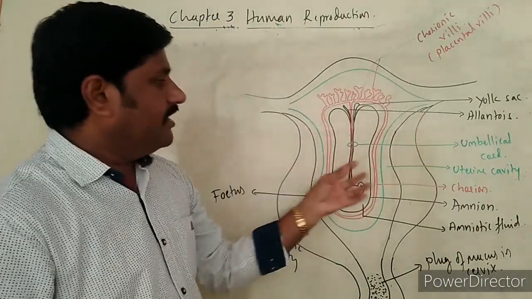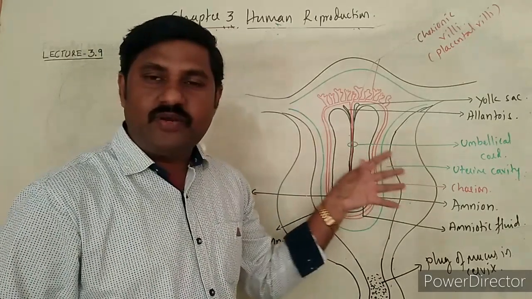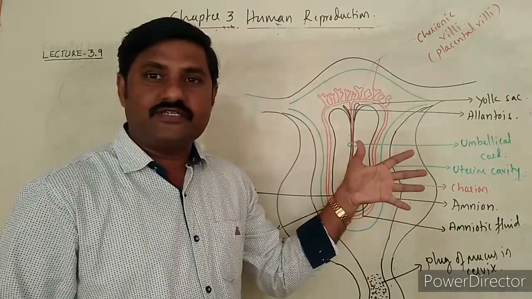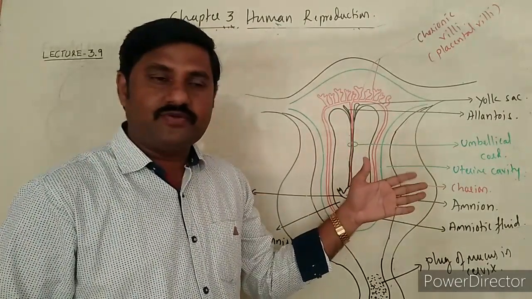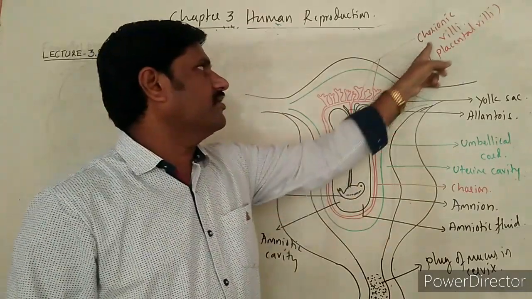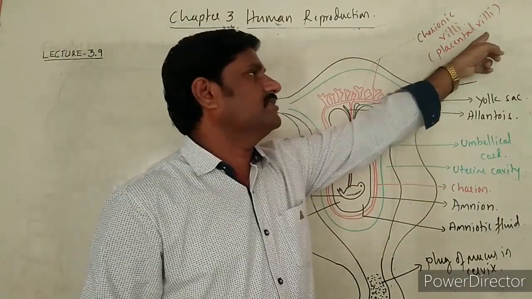Then the trophoblastic layer produces finger-like projections, and those finger-like projections that you are observing over here are called chorionic villi or placental villi.